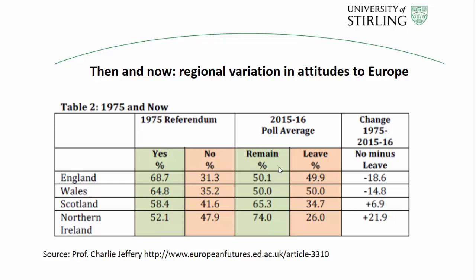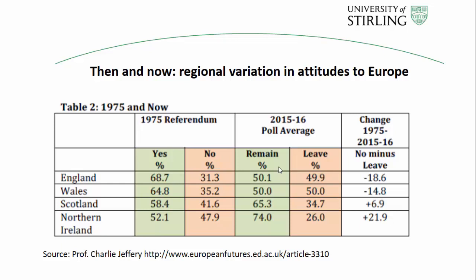England, where the vast majority of UK citizens live, has become noticeably more Eurosceptic. The difference between the percentage of English voters who chose to stay in the EEC compared with how they would decide now is minus 18.6%. There's also been a big fall in support, nearly 15%, in Wales.